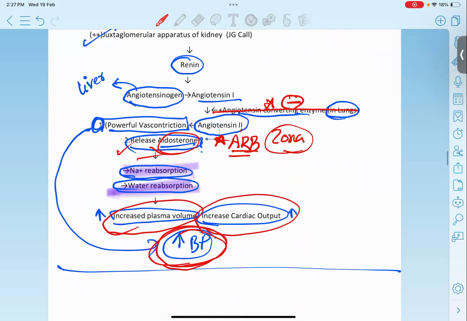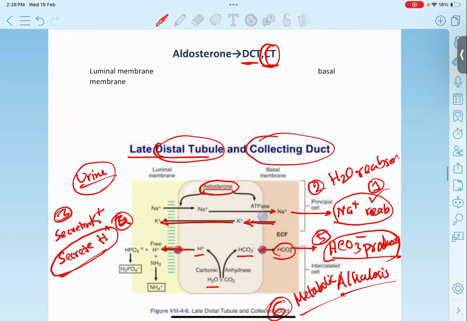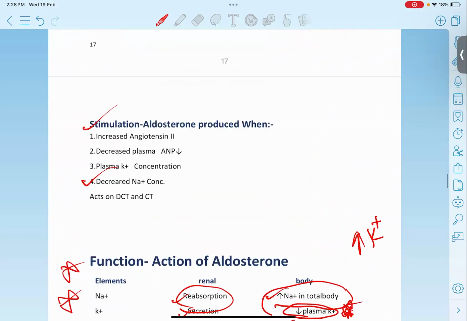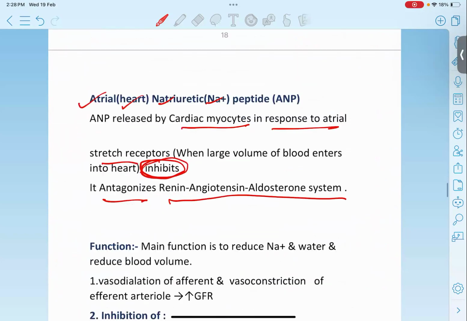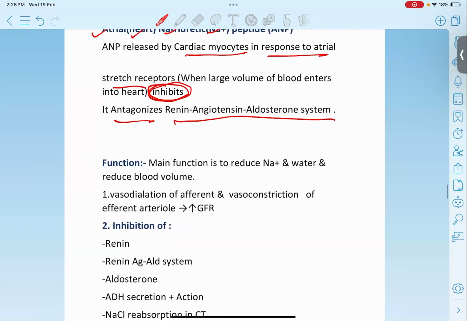So ultimately, low plasma volume, low cardiac output, low blood pressure, and our aim will be achieved from here. So the main function of ANP is to reduce sodium, reduce water, reduce blood volume, so that the atrial muscles are not stretched so much again.